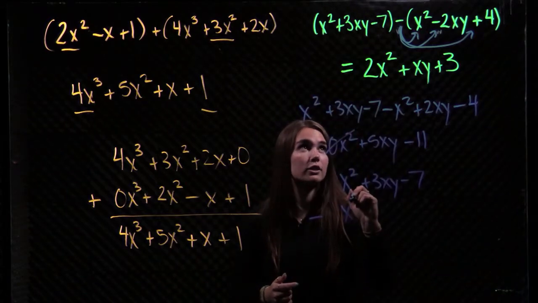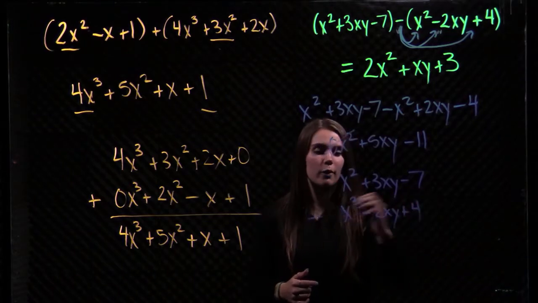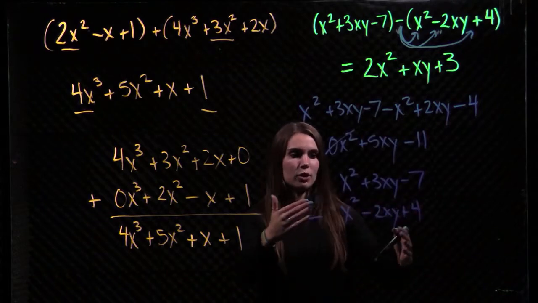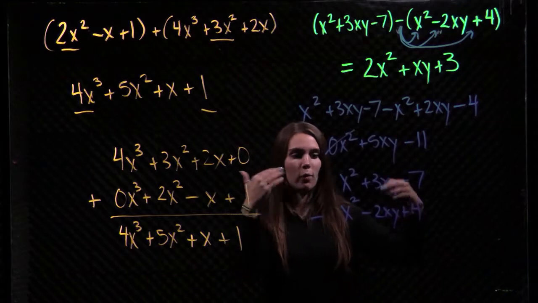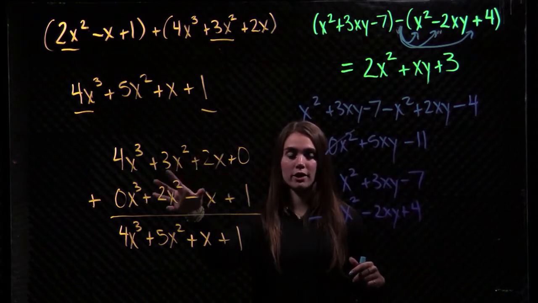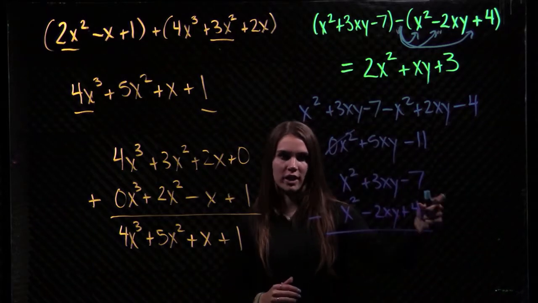So our x squared minus 2xy plus 4. It would be important if we had gaps in here, because we don't want to be subtracting 3xy from x squared or trying to figure out where all my terms are. So those placeholders are important in addition as well as subtraction. But here we have an easy one. Everything just lines up automatically.